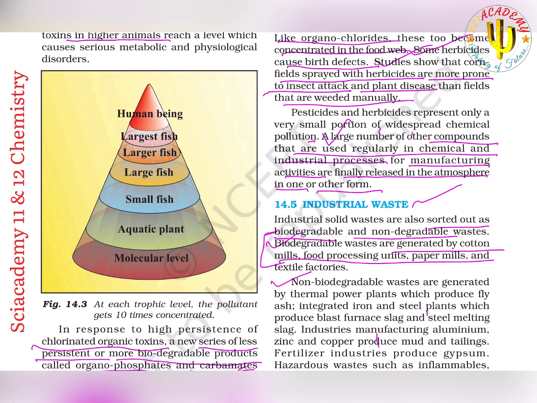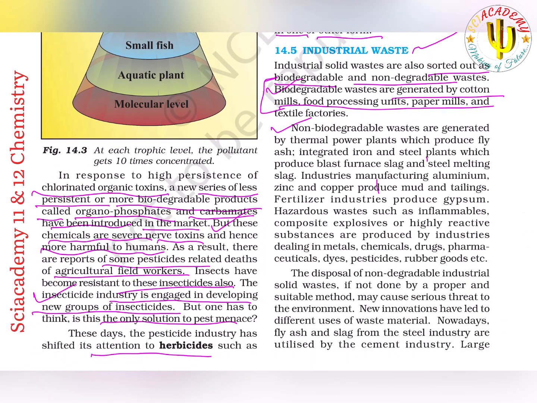Non-biodegradable wastes are generated by thermal power plants, which produce fly ash, integrated iron and steel plants, which produce blast furnace slag and steel melting slag. Industries manufacturing aluminum, zinc, and copper produce mud and tailings.